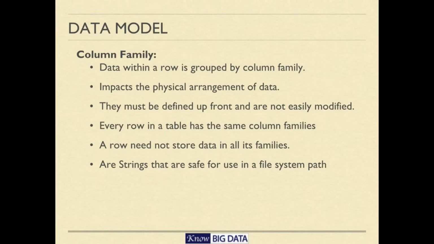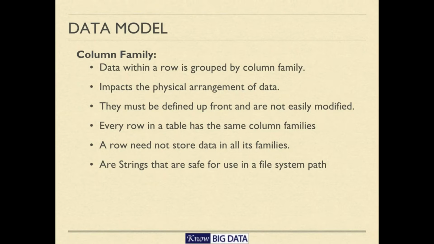So tables have column families that you define up front, and inside a column family you can keep on adding as many columns as you want and whenever you want. You don't need to define any columns at the time of table creation. Column family impacts the physical arrangement of the data, so data within a column family will get stored together.